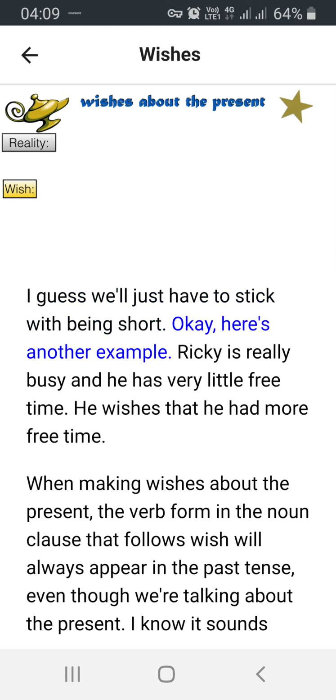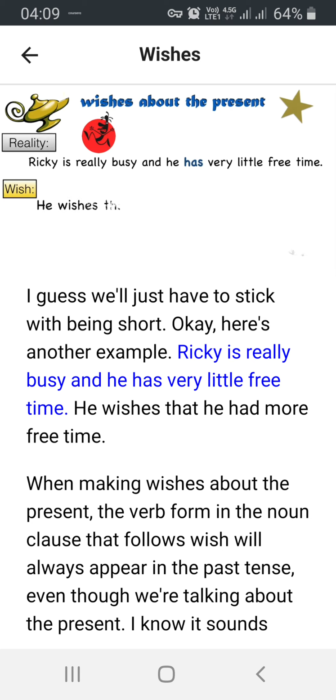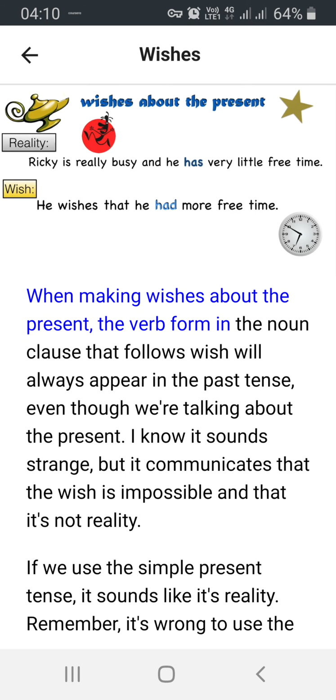Okay, here's another example. Ricky is really busy, and he has very little free time. He wishes that he had more free time. When making wishes about the present, the verb form in the noun clause that follows wish will always appear in the past tense, even though we're talking about the present.